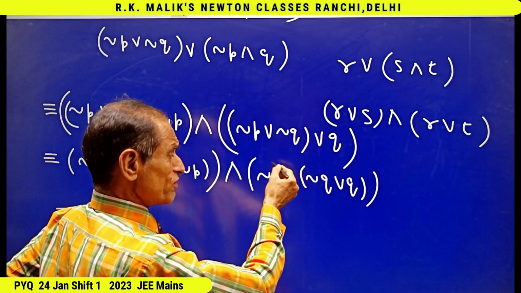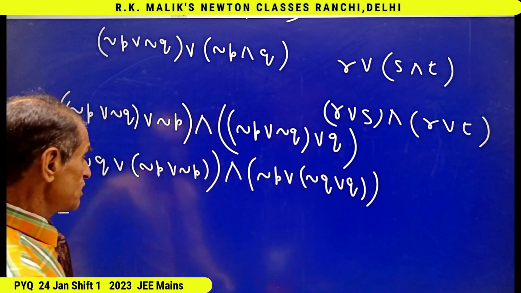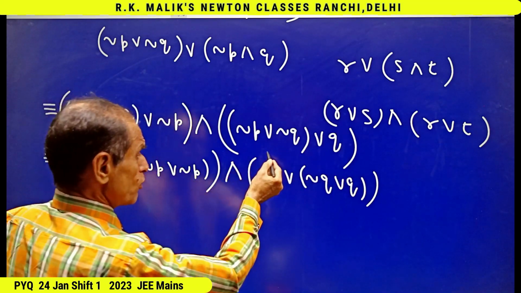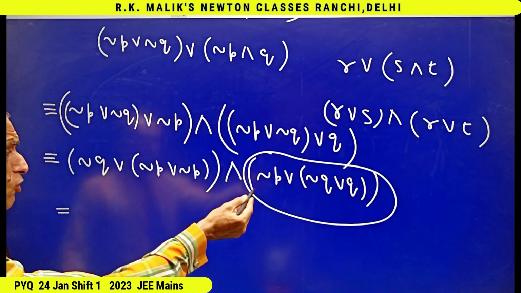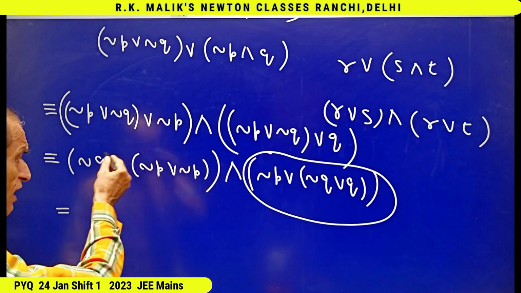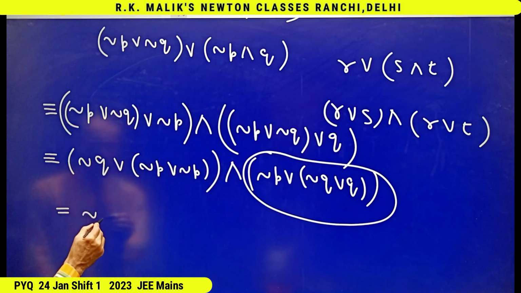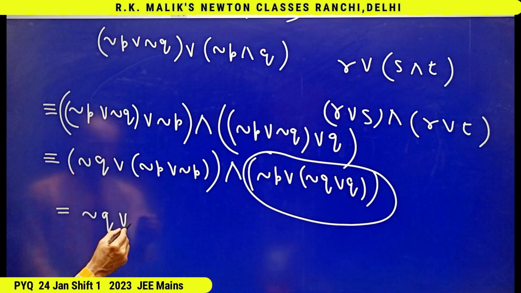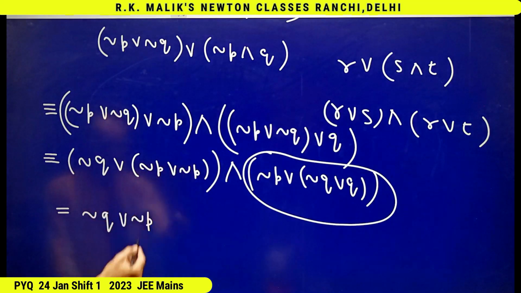Tautology or with any statement gives tautology, and this whole becomes tautology. And tautology and with any statement gives the same, that is this becomes negation Q or negation P. These two are same.